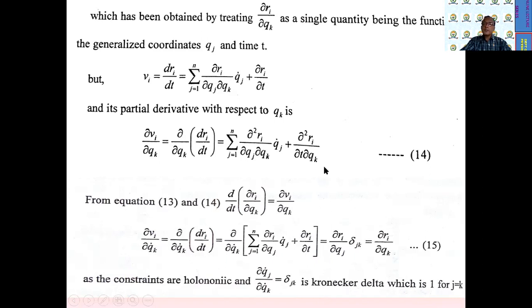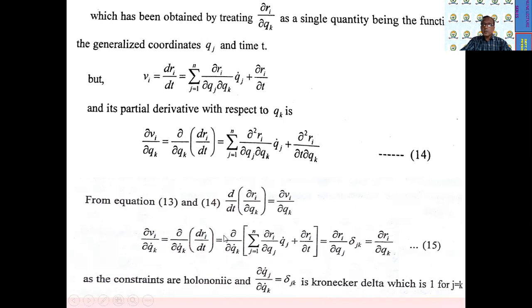And from equations 13 and 14, we found that d/dt of ∂ri/∂qk is equal to ∂vi/∂qk, and therefore we can write equations 13 and 14 in this manner, and therefore ∂vi/∂qk dot is equal to ∂/∂qk dot of dri/dt.